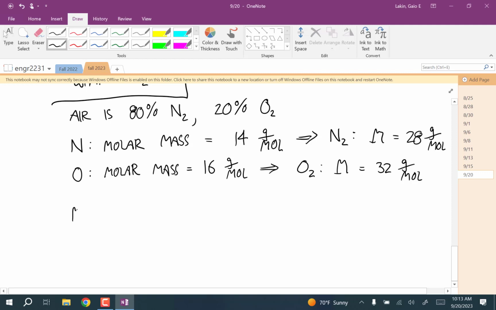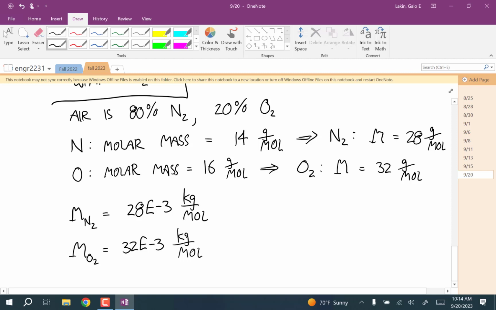So the molar mass for N2 gas, it's 28 grams per mole. SI units is kilograms. So this is 28 times 10 to the minus third kilograms per mole. And the mass of O2 gas is 32 times 10 to the minus third kilograms per mole.